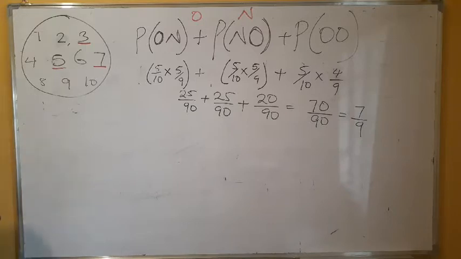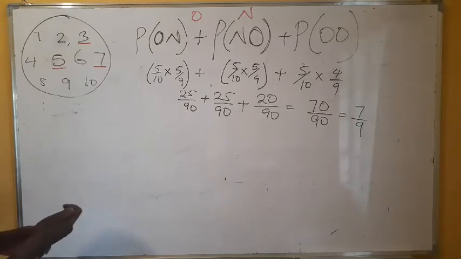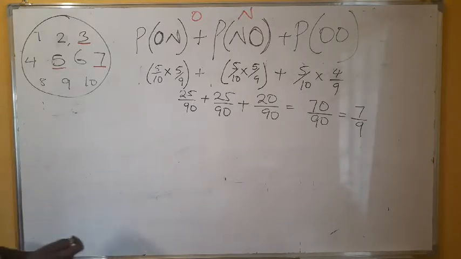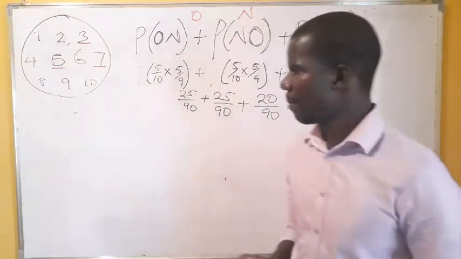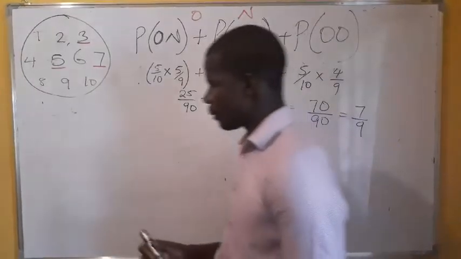For the first one, I think the first one was talking about prime numbers, eh? That one is straightforward. Now I want to look at this one that is an odd number.